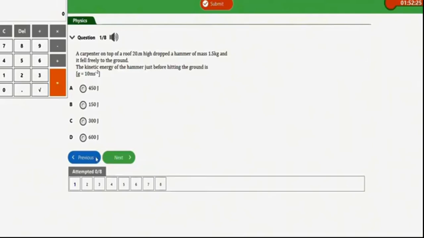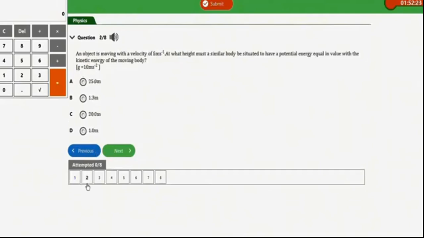The next repeated question says an object is moving with a velocity of 5 meters per second. At what height must a similar body be situated to have a potential energy equal in value with the kinetic energy of the moving body?